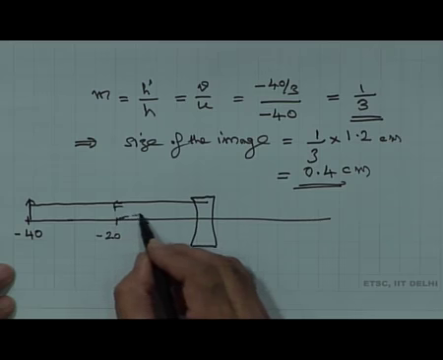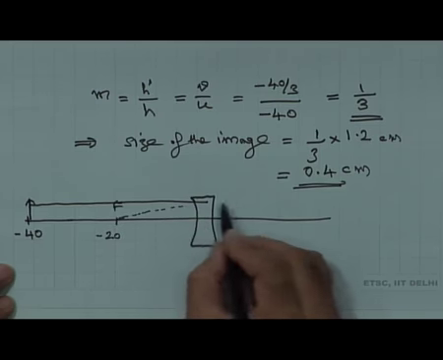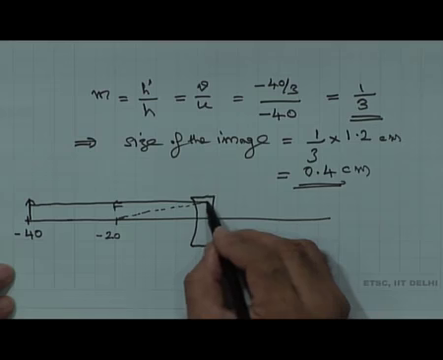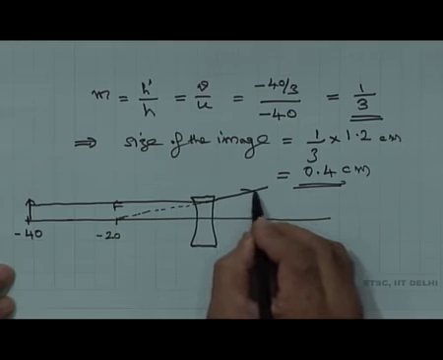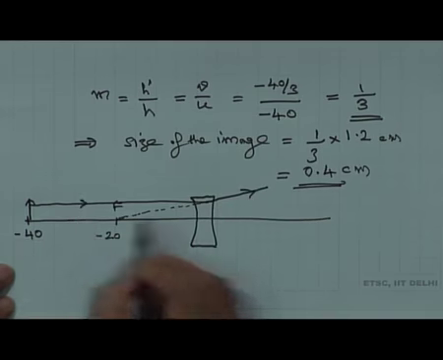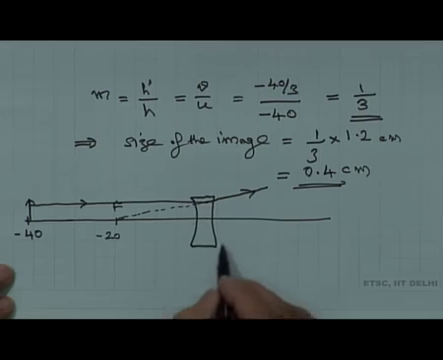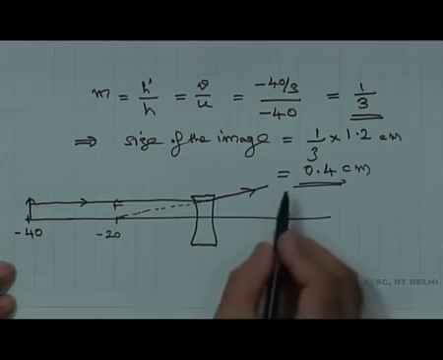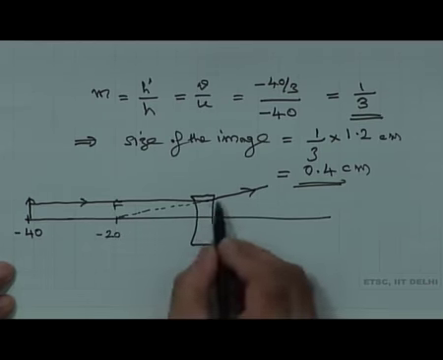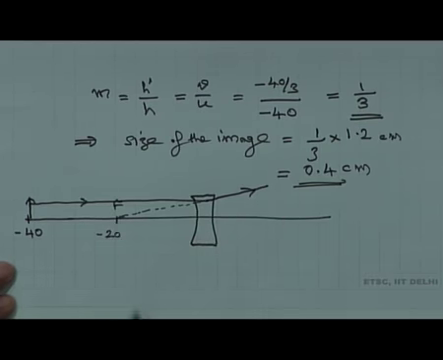So the parallel ray would travel in this direction, like this. Please remember that this is the combination of one convex and one concave lens. So here the parallel ray appears to come from the focus.